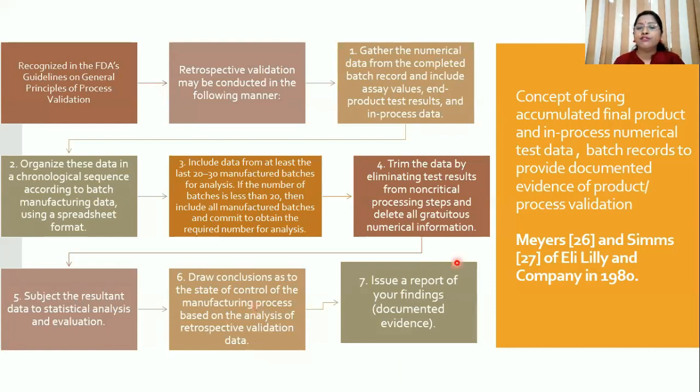Then the seventh one is to issue a report of your findings and documented evidence. Whatever report is generated after applying the statistical analysis to the data, you have to create it in the form of a report, and it will act as documented evidence that you have carried out this retrospective analysis for this product. This is exactly what you have to do for all these processes.